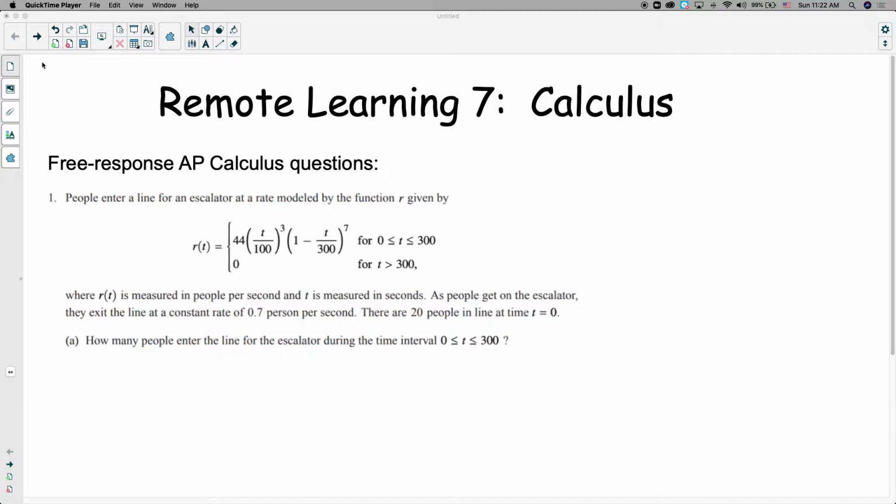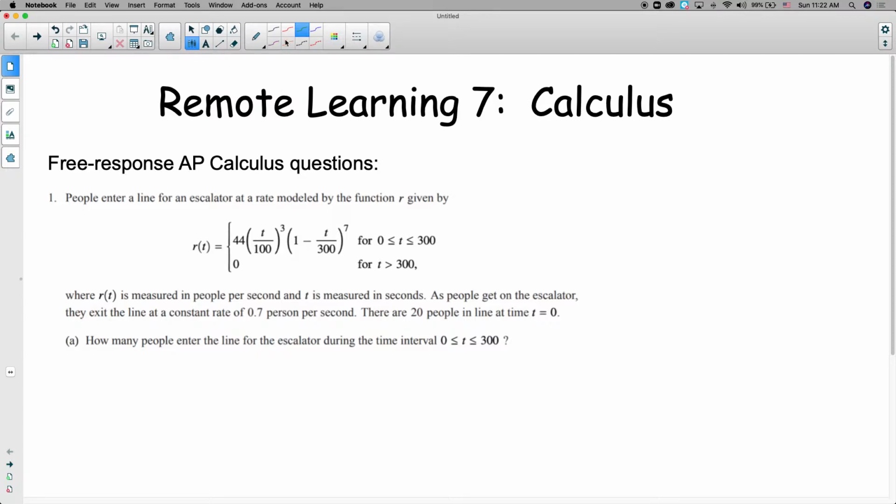People enter a line for an escalator at a rate modeled by the function r. So the first thing that I'm going to continually keep in mind is that this is a rate. Okay, so this is a rate of change scenario. And it's a piecewise defined function, and it's a complicated function. That's why it's actually on the calculator section.